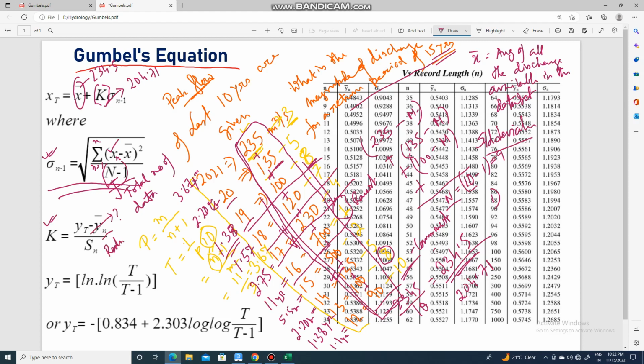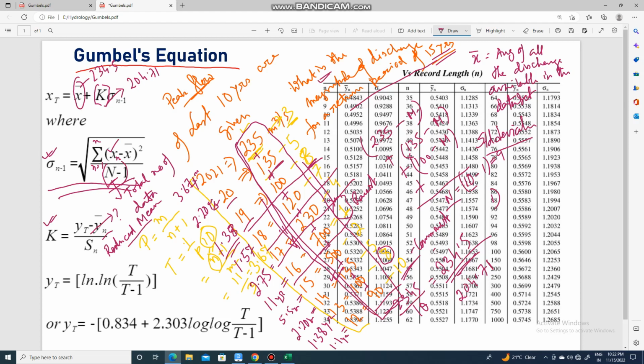It depends upon the total number of data you have in your data set. Don't worry, this reduced mean can be found out for a certain number of data in the data set with the help of this table.